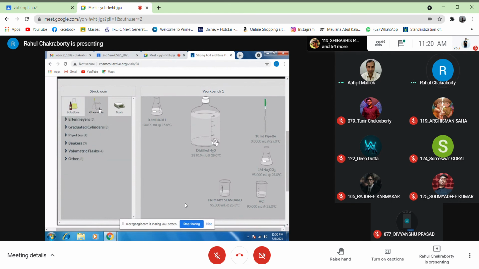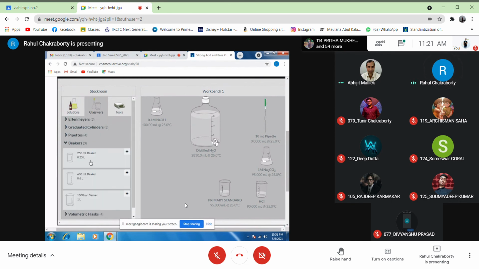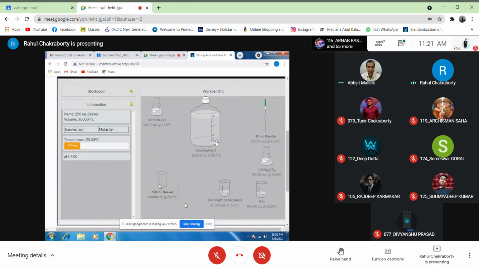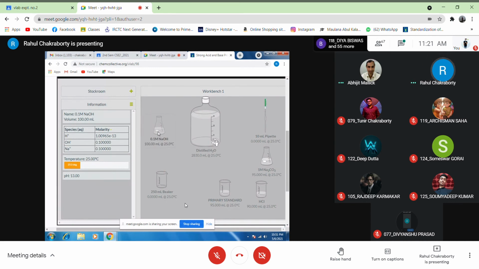Then under glassware, click on beakers and choose another 250 ml beaker. So now select 0.1 molar NaOH and dip it into this 250 ml beaker.